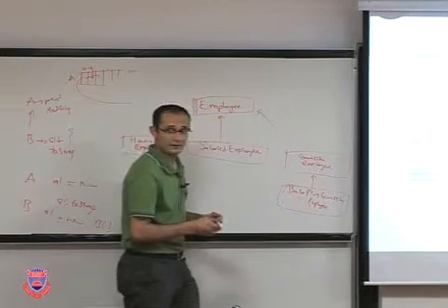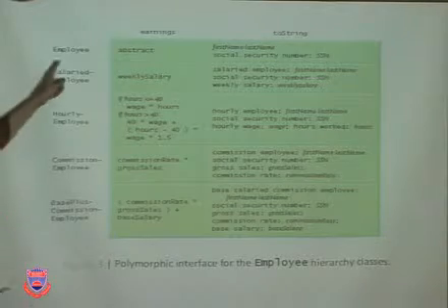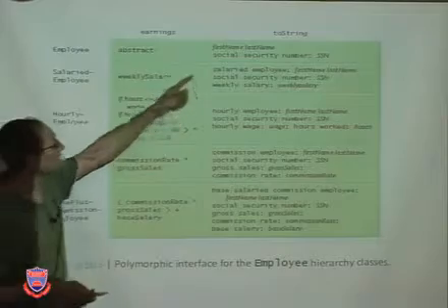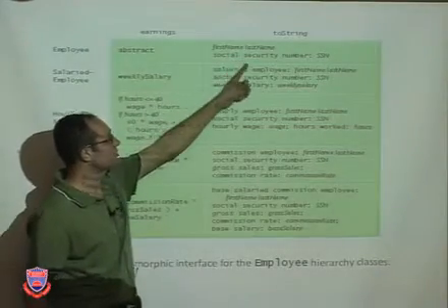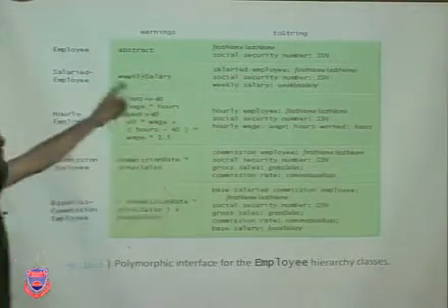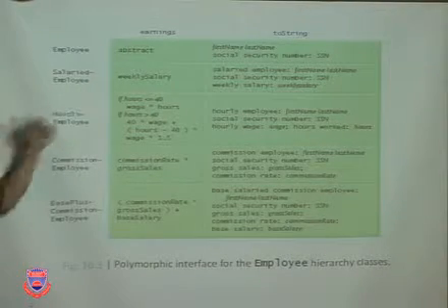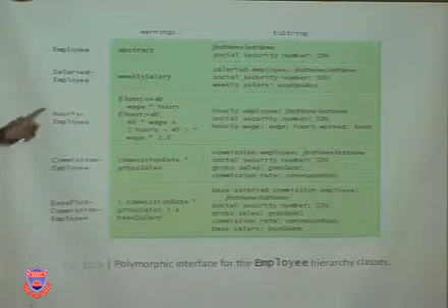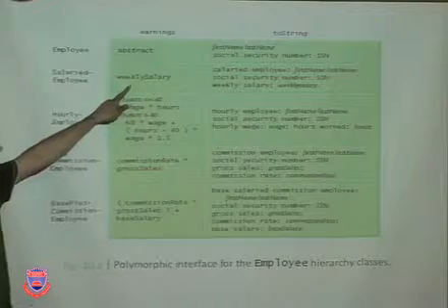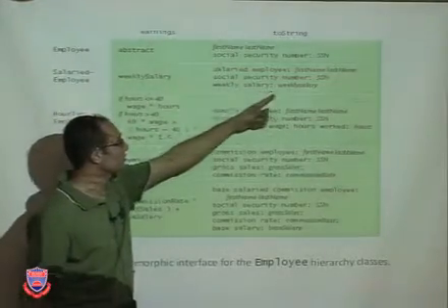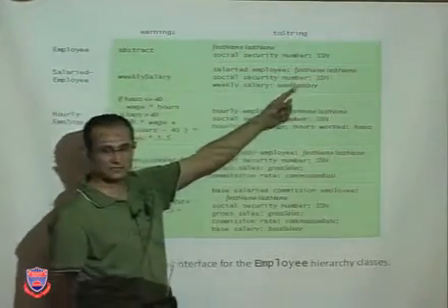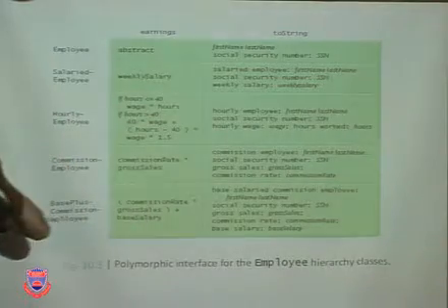So if somebody tells you, hey, I have an employee abstract class with features first name, last name, social security number, and then another subclass of this in this hierarchy, salaried employee with an additional weekly salary, and this is going to have first name, last name, SSN, and weekly salary as its instance variables.